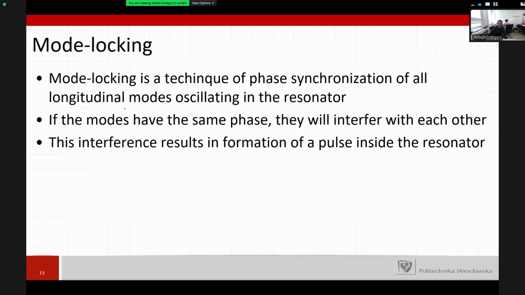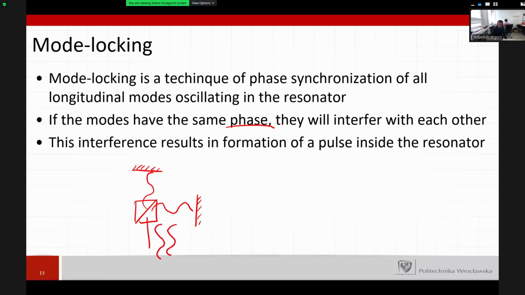But if we somehow force the modes to have the same phase, then they will interfere with each other. We already know from the example of the Michelson interferometer that when the two beams of the Michelson interferometer are in phase, so that the phases of these two beams that are divided here are matched, we have the same phases here.